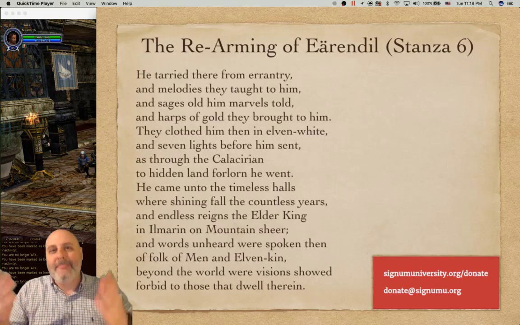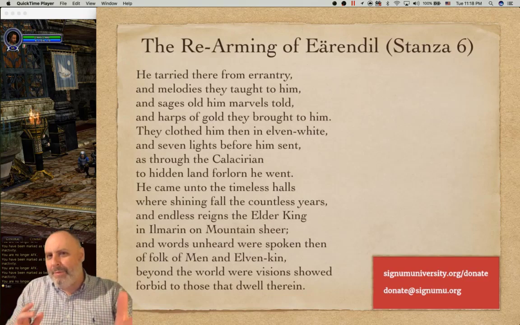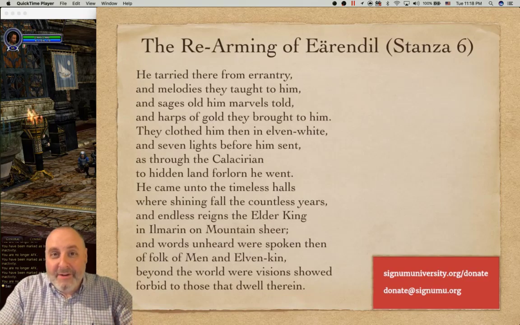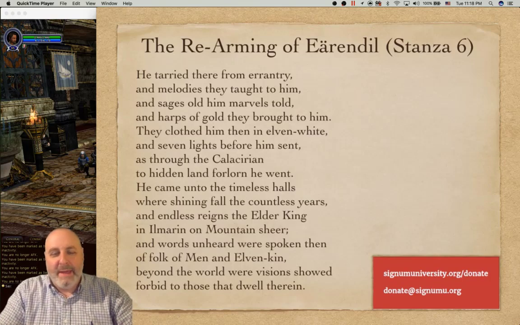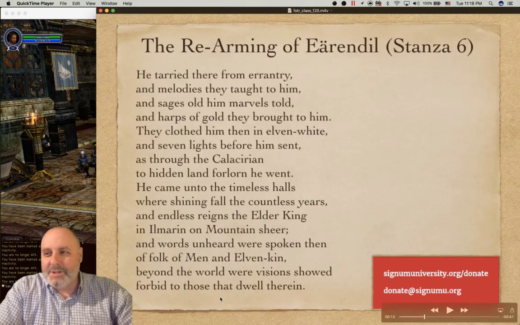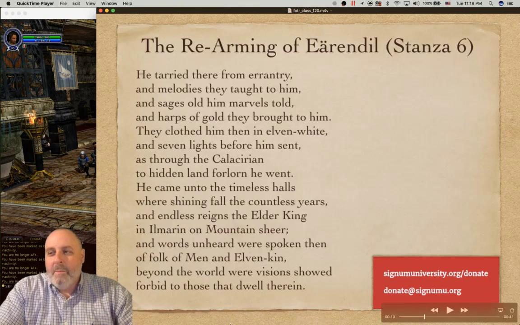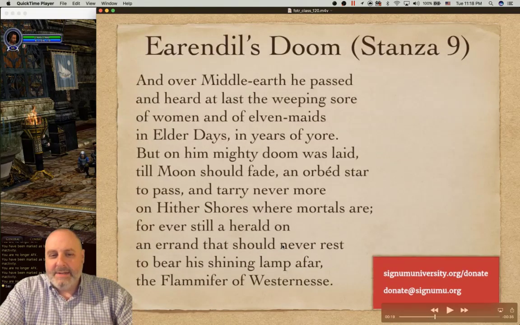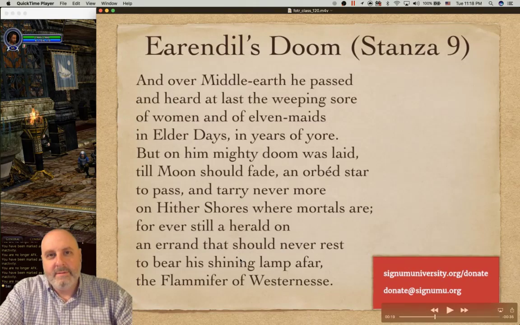Errantry, yes, the words are connected, but there he's being a knight errant. He is wandering about, accomplishing deeds and doing quests, just like in Lotro, right? Then at the end, he's on an errand that should never rest.